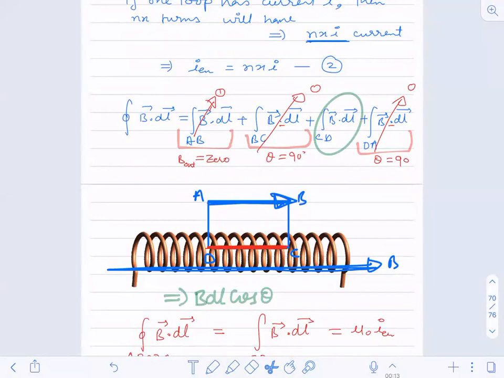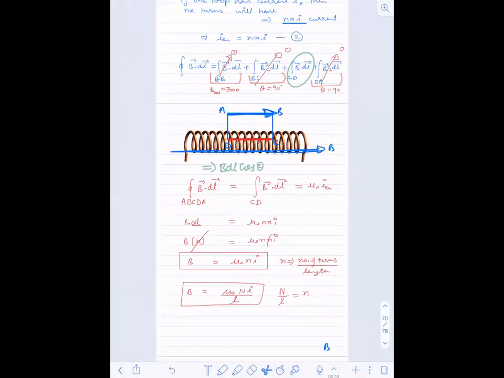You start from a point and you get back to that same point. That's the loop. You are integrating about the loop only. If you want to change the shape, your question should be, if I change the shape of the loop.